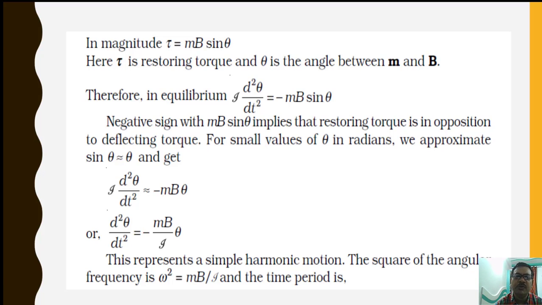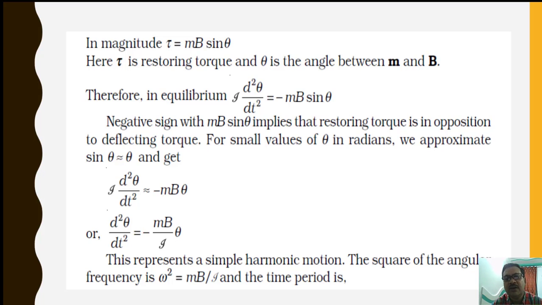So therefore in equilibrium what we get? I d square theta upon dt square equal to minus mB sin theta. From the definition, tau equal to I alpha. This I is the moment of inertia. D square theta upon dt square is alpha.